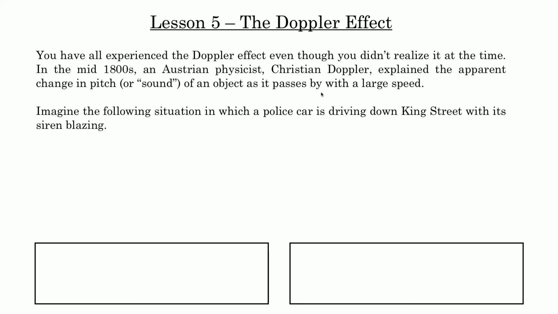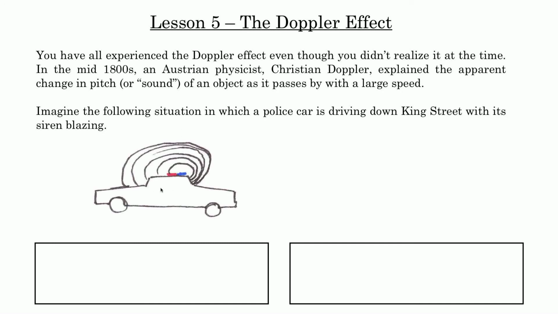So let's imagine the following situation where we have a police car driving down King Street, and its siren is blaring one uniform frequency. We know that these sound waves, when it's traveling at a certain speed, even though it's not going close to the speed of sound, will still bunch up, right? Now they're not bunching up a lot.